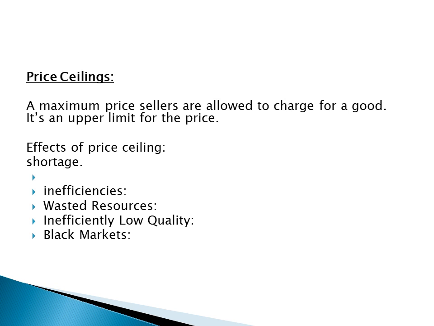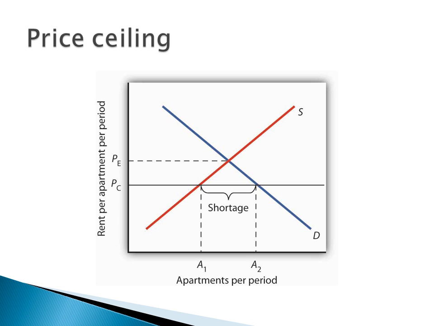Now, I'm going to show you the effect of price setting using a graph on the next slide. We can see from the graph that the price ceiling has led to shortage when it comes to renting apartments. The equilibrium price is different from the price that the government has enforced. So the equilibrium price is at PE here, and the price the government has enforced is below the equilibrium price, which is PC.